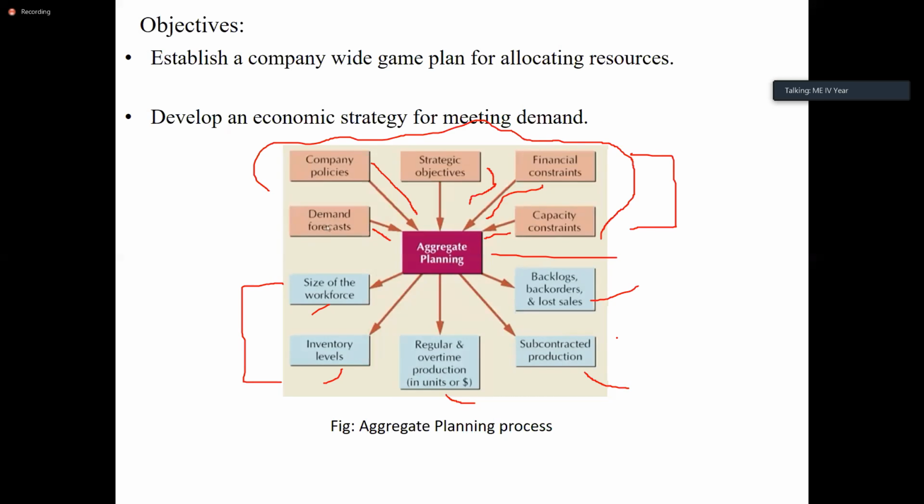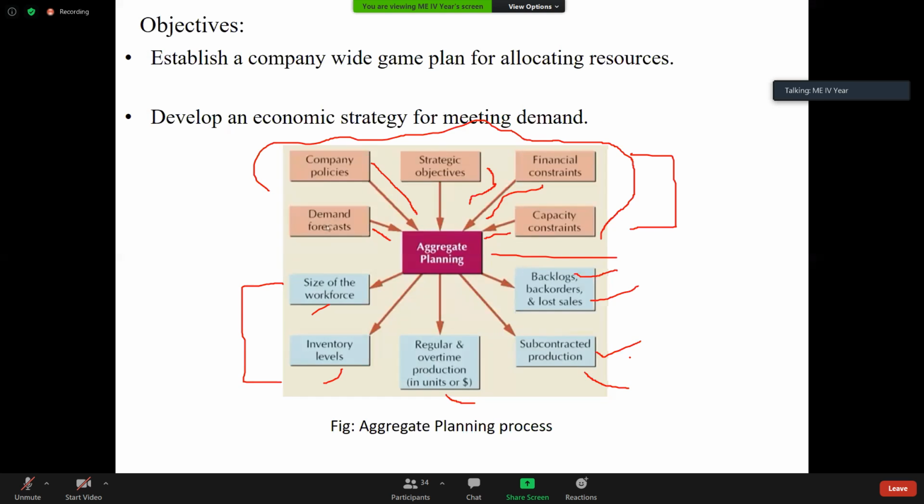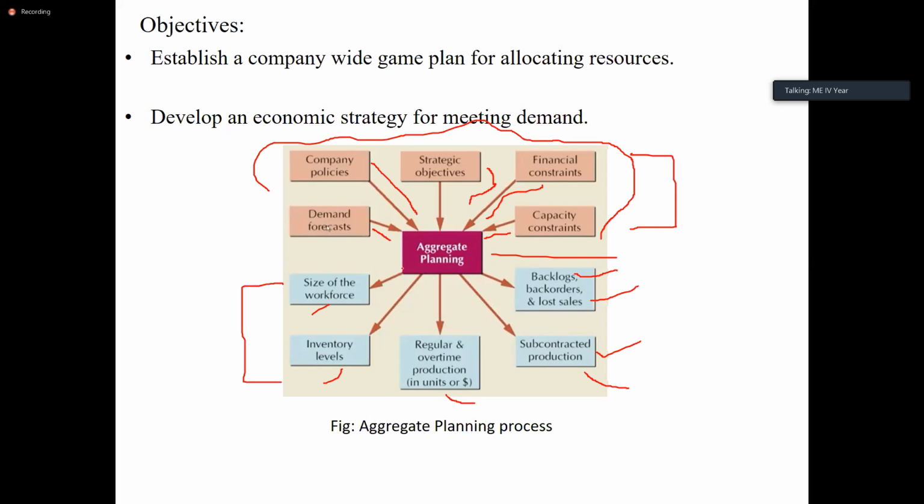Whatever material we have to procure, we have to do the manufacturing of last month, so that comes under back orders and backlogs: whatever we have already initiated manufacturing for but have not yet completed, how many products we have. And subcontracted production comes from outside, which we have to manage. So all these things we have to satisfy. So this is our objective.